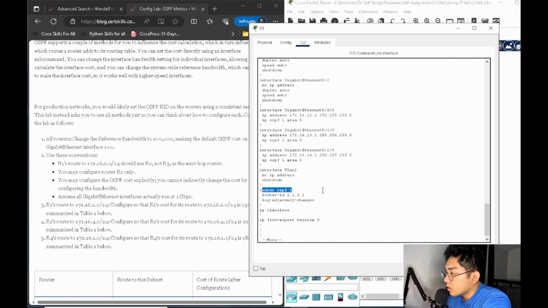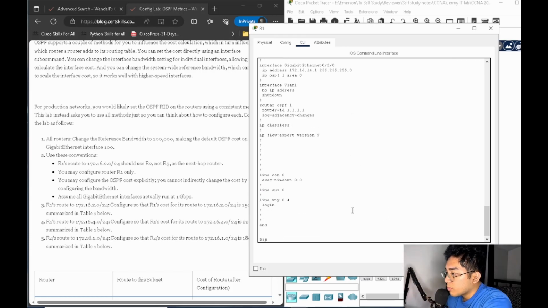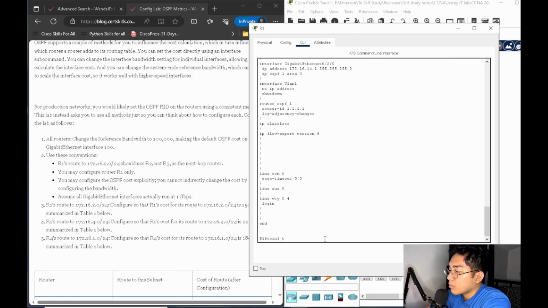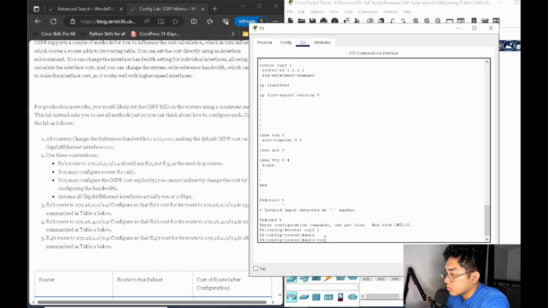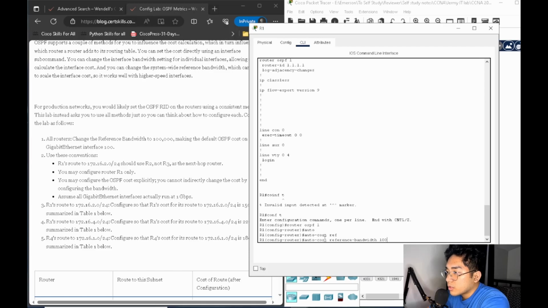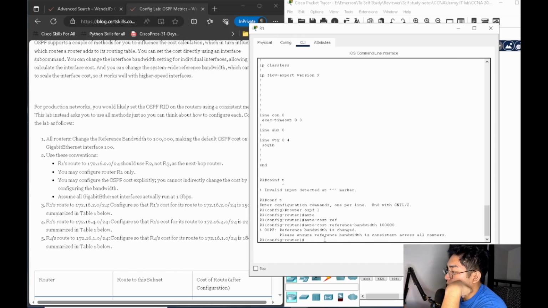They're using process ID 1, so I believe every router is using process ID 1. There's 100,000. The default unit is megabits, so since we're using 100,000, it means we are using 100 gigabits per second.